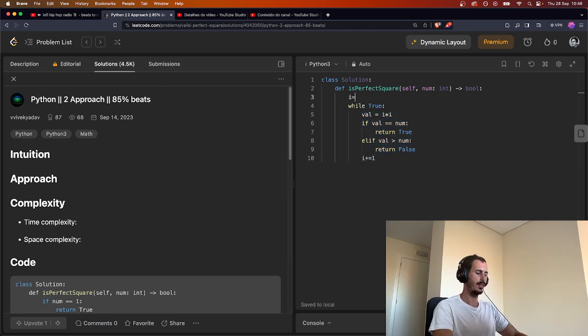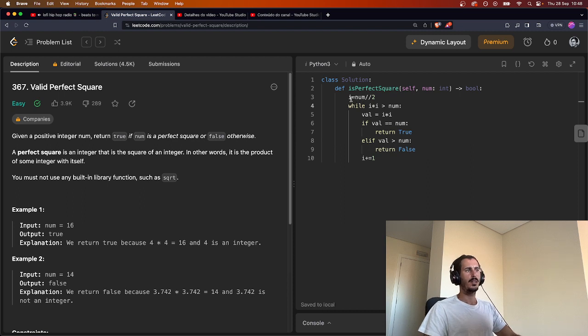i equals num integer division by 2. So while i times i is bigger than number, let me close this. So let's say 10. 10 divided by 2 is 5. i will be 5.